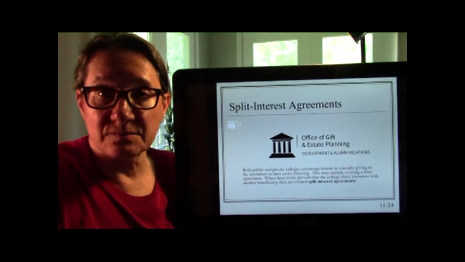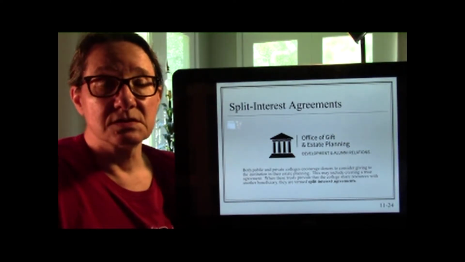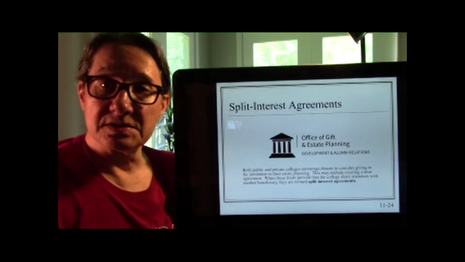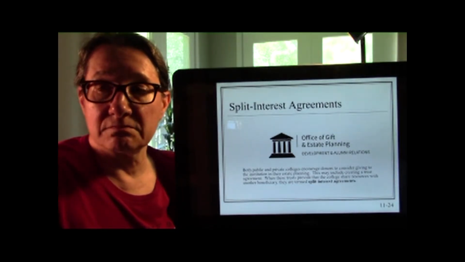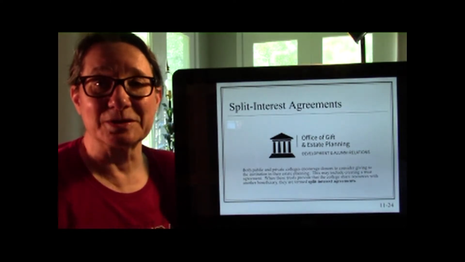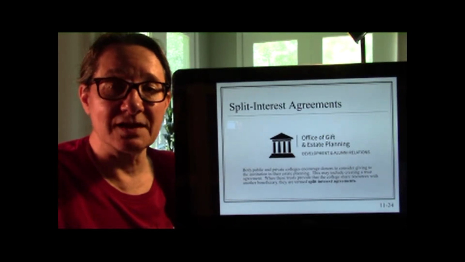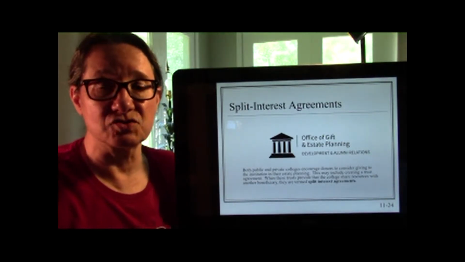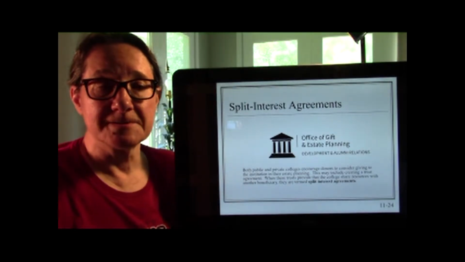People give lots of money to universities. They leave it in their wills. But sometimes these folks who leave money in their wills don't want their spouse, who's maybe still alive, to not be able to live in their house or something. Or they want their children to get some of it, or set up a life estate, or create a trust that gives part of the money to this person, part to that person, or 2 charities.